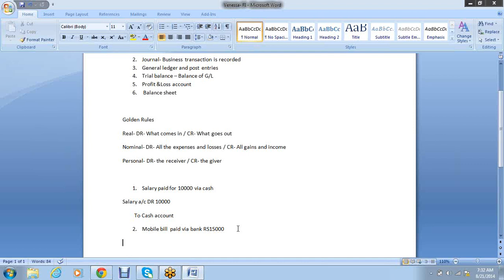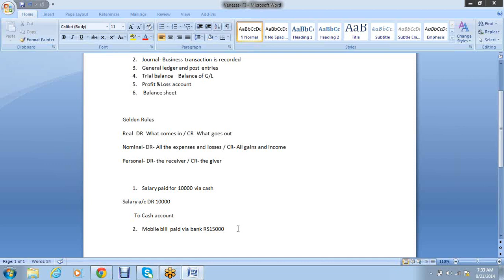So it is an expense for the company. Correct. So the debit is the nominal account, and it is going to the bank account. So it goes out. So I can say it's a credit to the bank. First, what is mobile bill? What account is it?